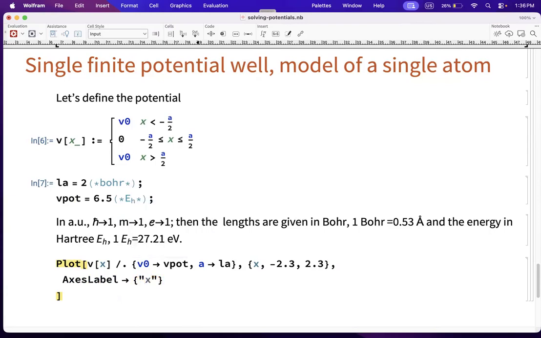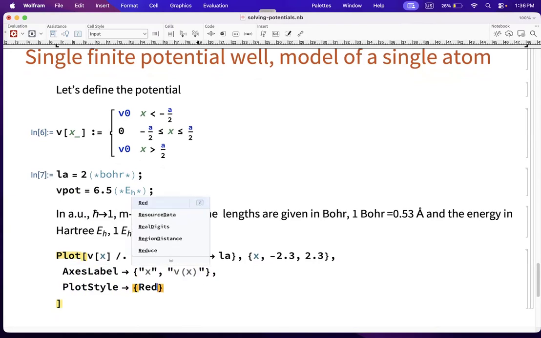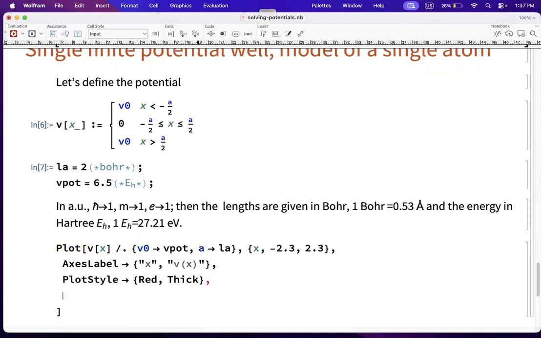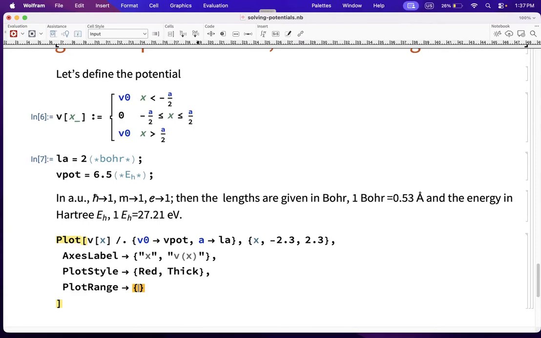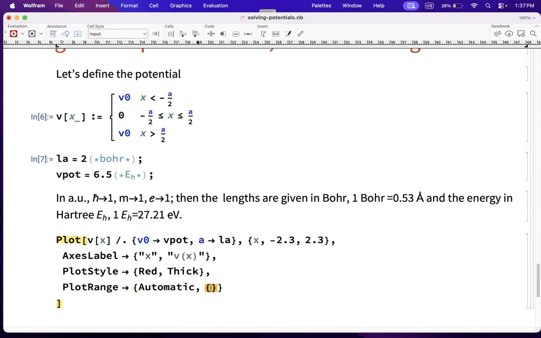And V of X, comma, plot style red, thick, comma, plot range: automatic in X, and from minus 0.2 to 7.2.